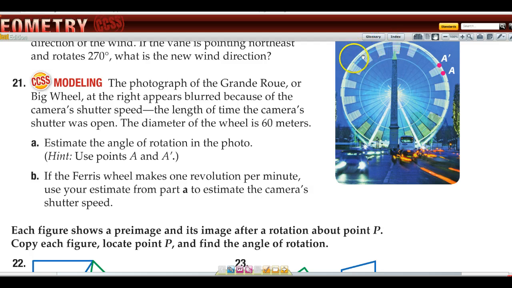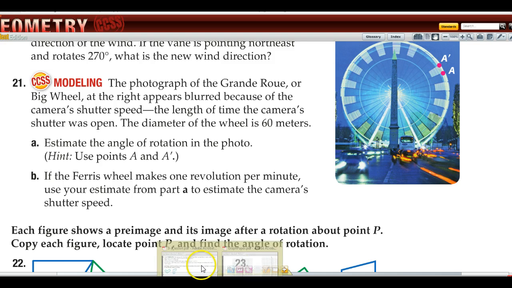And if we continue to count in that manner all the way around, there would be 36. So the entire revolution is 360 degrees. So if we take 360 divided by 36, then that means that each increment is 10 degrees.